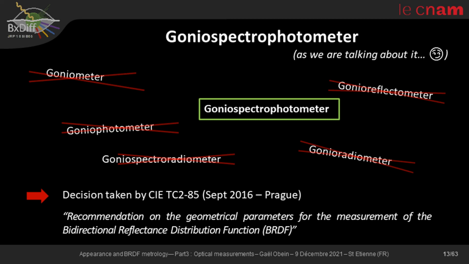A spectroradiometer is a device that does radiance measurements, whereas a spectrophotometer is the name of a device used to do reflectance and transmittance measurement. So if we talk about doing directional reflectance and transmittance measurement, then it logically gives the name goniospectrophotometer.